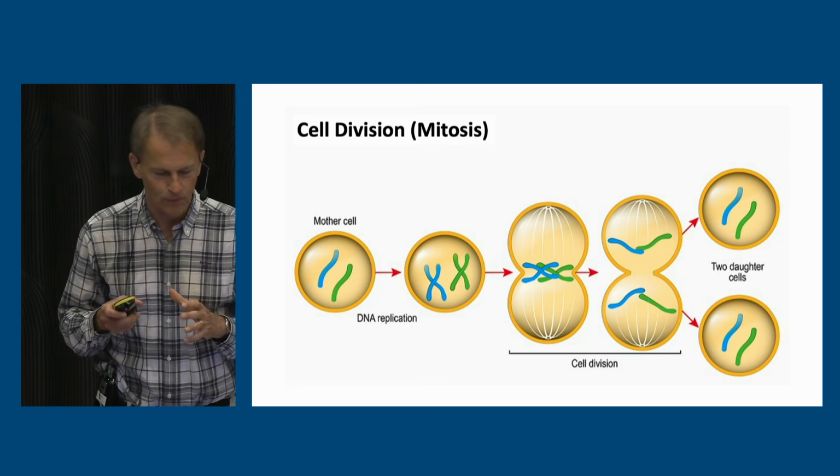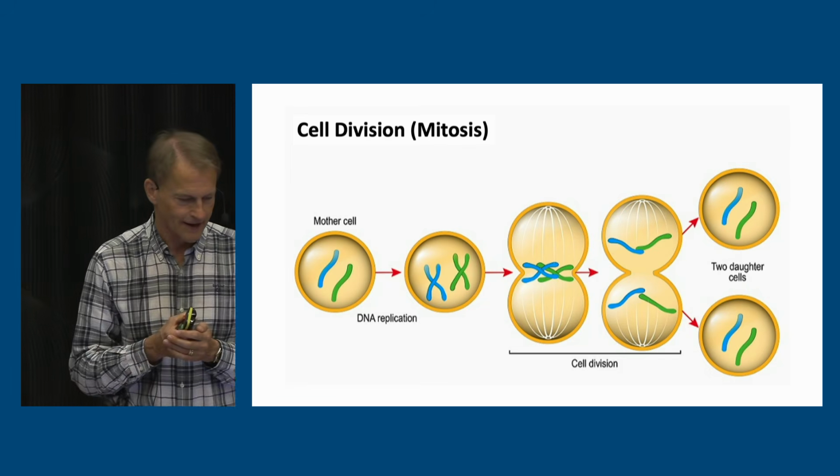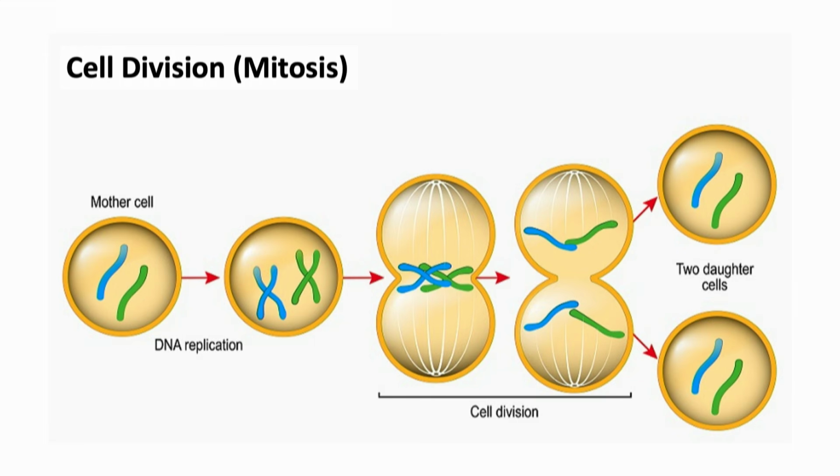So if we look at a cell and how a cell reproduces, it looks something like this, right? A cell has the genetic material, the DNA, packaged into things we call chromosomes, the blue and green here. And before it reproduces, it replicates that DNA, so it creates copies.